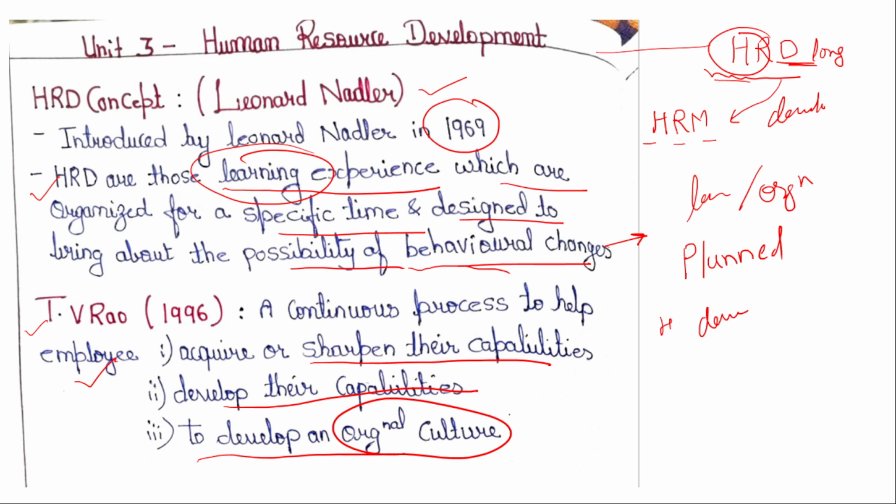So T.V. Rao summarized that human resource development is a continuous process. You cannot do it in one day. It has to be continuous. It always requires effort to sharpen the current capabilities of employees and acquire the required capabilities so that they can increase their efficiency and give an advantage to the organization.